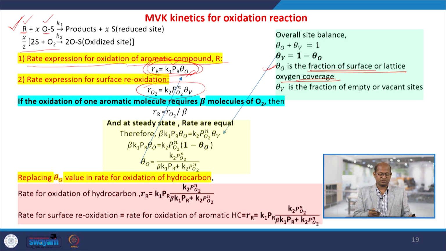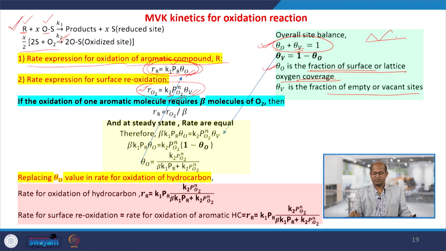For the second reaction, we write the rate of oxygen, that is the rate of disappearance of oxygen, with the formation in terms of plus. So, r O2 equals k2, the rate constant, times the partial pressure of oxygen to the power n, where n we do not know, times theta v, the fraction of empty or vacant sites on the surface of the catalyst. The occupied sites, that is lattice oxygen coverage, plus the vacant sites equals 1.